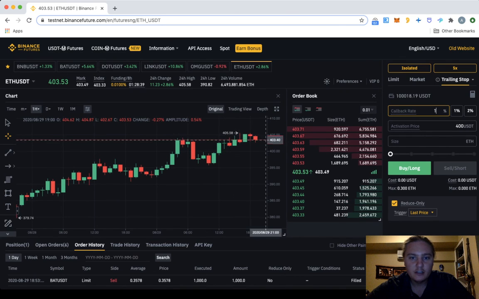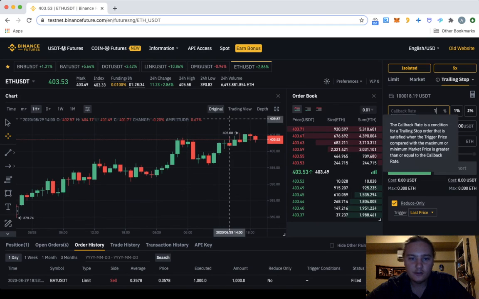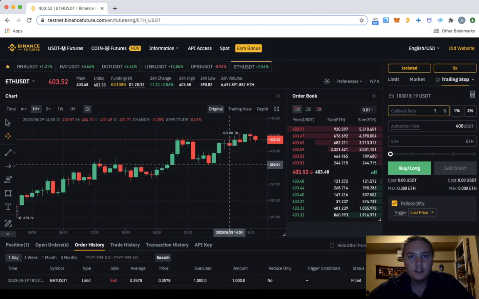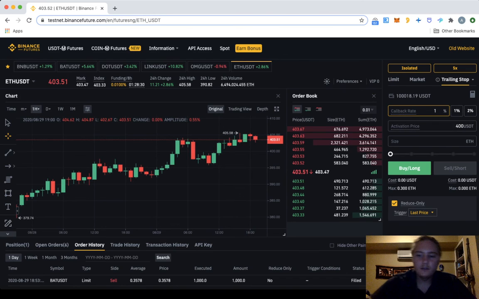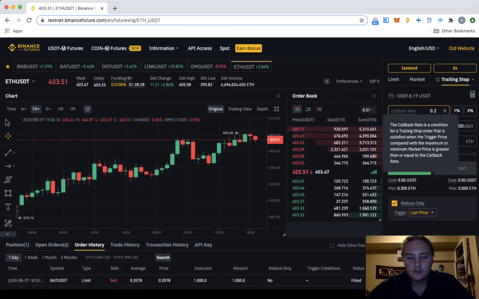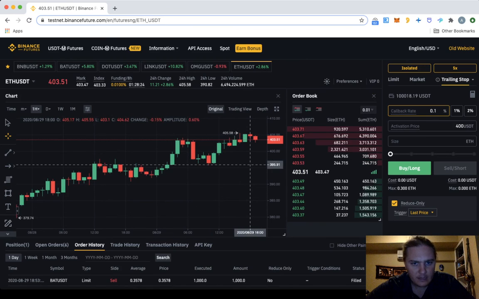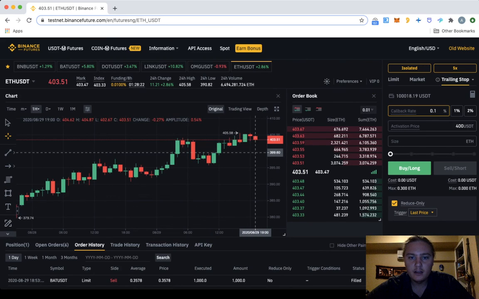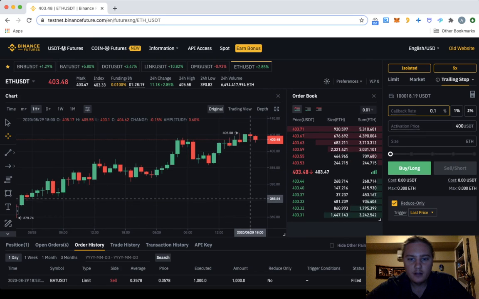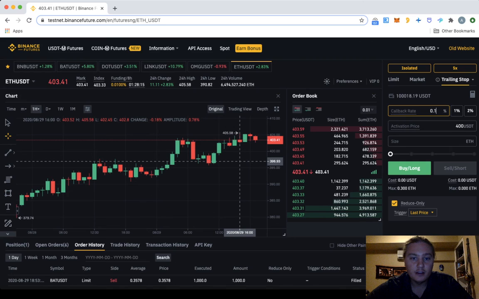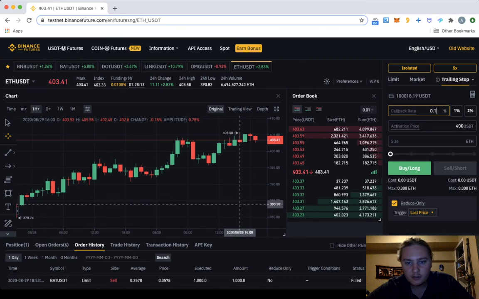Which in this case actually wouldn't be great. I would lose money. I mostly think these are awful trades, but lots of people use them with good effect. You can put in a 0.2% here, something like a 0.1%, but also this won't capture a bounce. But they are effective in the sense that if this kept dropping to 380, and maybe I missed this, maybe I had a basic limit set somewhere here, which we already talked about, I would miss out on all this profit.